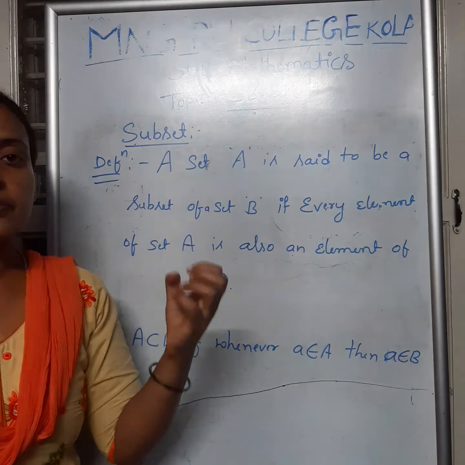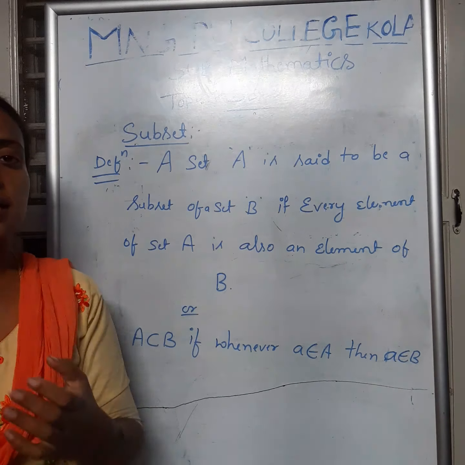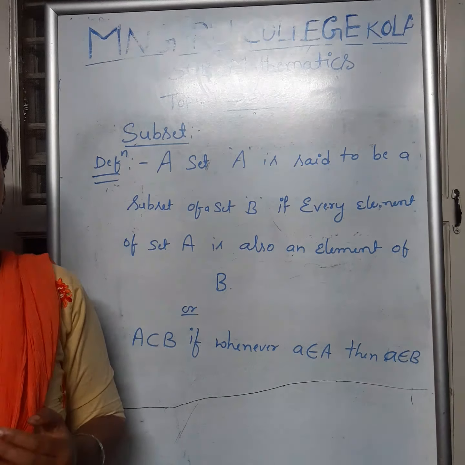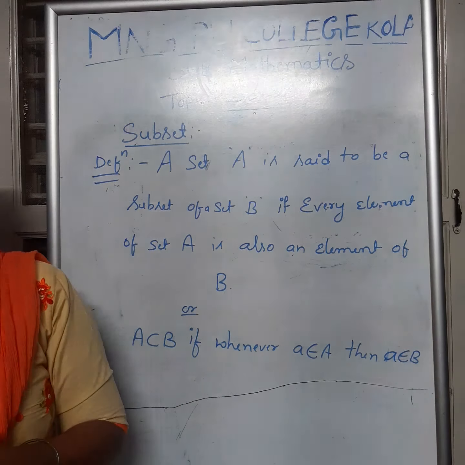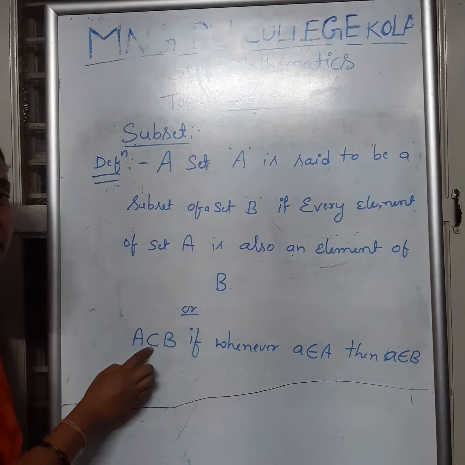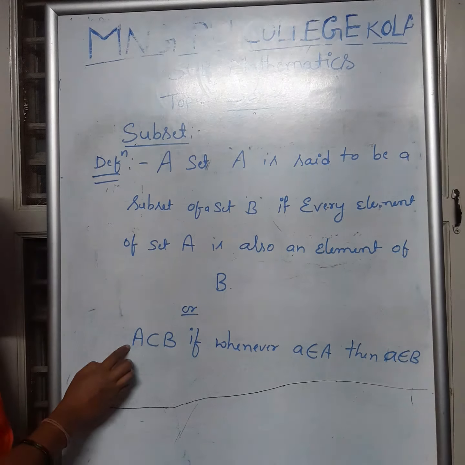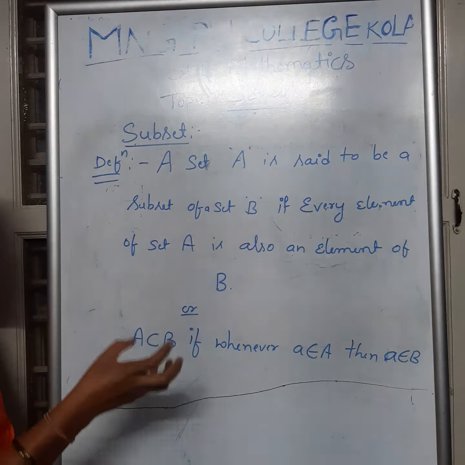Then only we say that set A is a subset of set B. This means the elements in A are contained in set B also. This shows the symbol of subset: A is a subset of B. Whenever x belongs to A, then x also belongs to B.